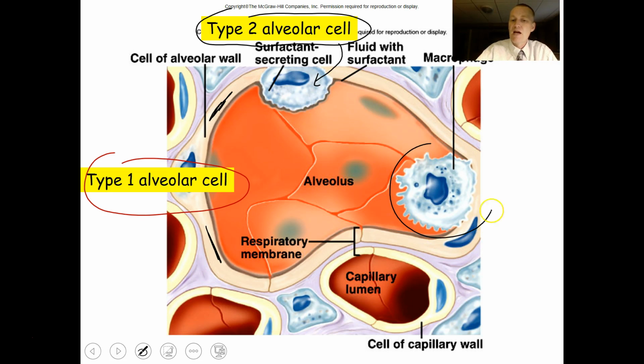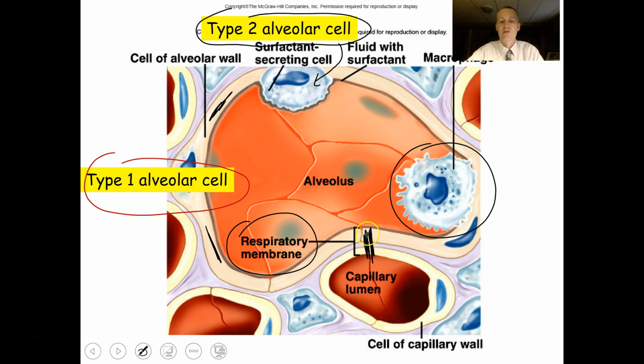There's also going to be macrophages. These are immune system cells or white blood cells that help to gobble up bacteria or other organisms or cellular debris that may be inside of your lungs. And here you can see the respiratory membrane, so it's only 2 cell layers thick between the wall of the alveolus and the capillary wall.